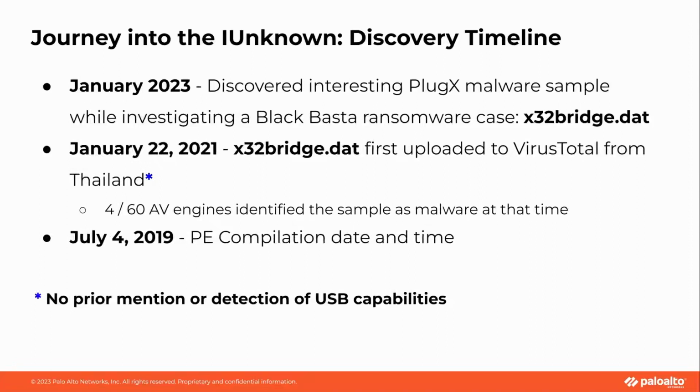If you look at the PE date and time, it tells us when the file was linked. So 2019, it was built. So pretty much between that time and being uploaded to VT, it remained undetected. I should also point out that none of the talk about the USB component was ever talked about until my research was published.